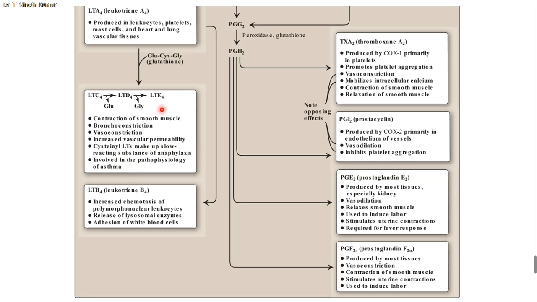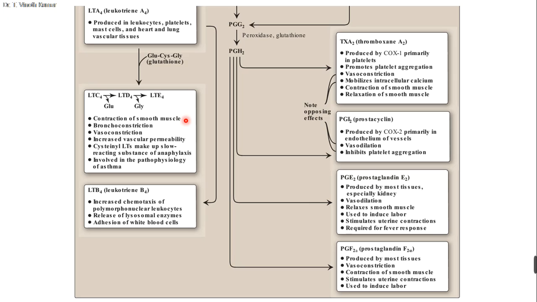So the leukotriene is very important because due to the leukotrienes, the vasoconstriction, bronchoconstriction, and smooth muscle contraction, all this constriction may be possible, and due to that a lot of complications will arise, especially asthma. And next one is LTB4, leukotriene B4.